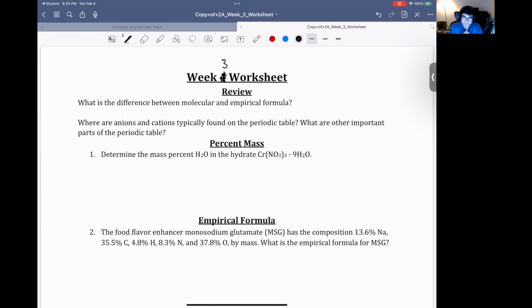All right, so first question, I guess pre-question 1, says, what is the difference between molecular and empirical formula?